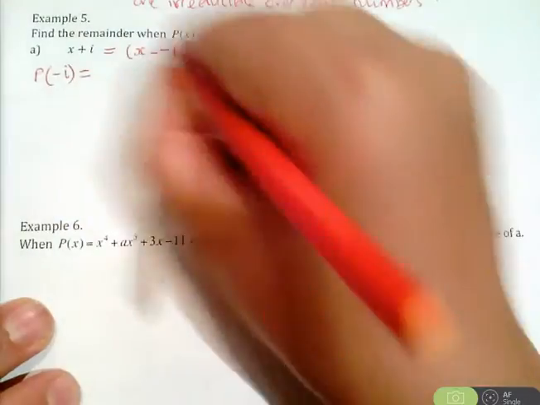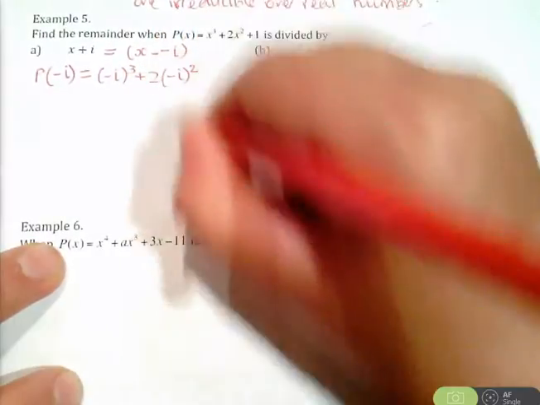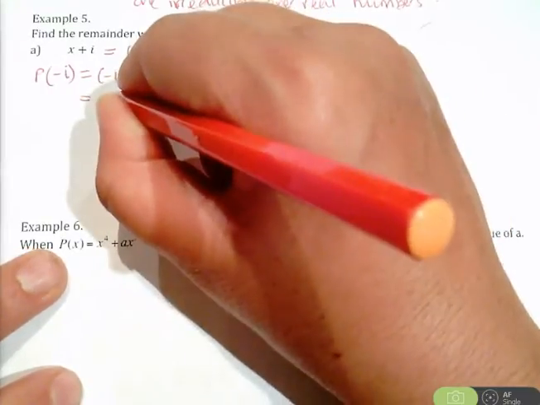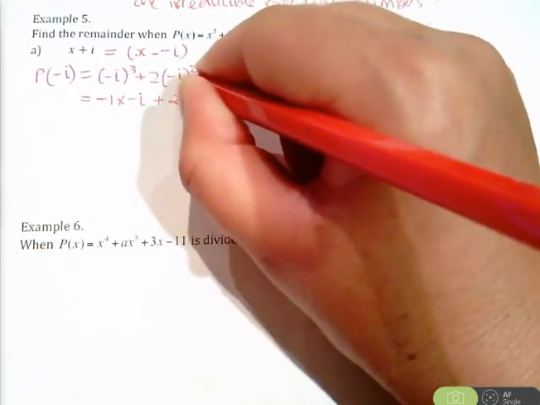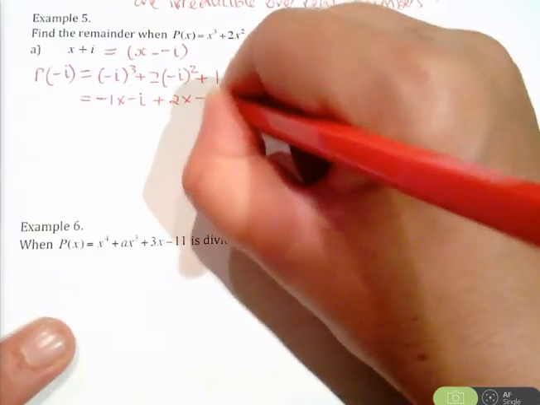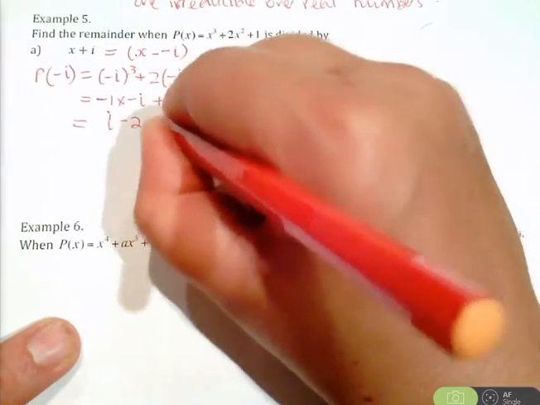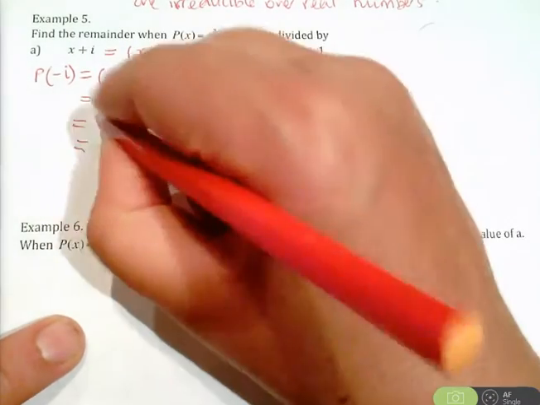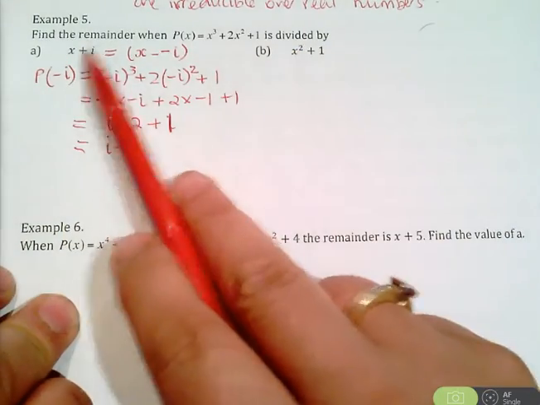So p of negative i is negative i cubed plus 2 times negative i squared plus 1, which is negative i times i squared, negative i times negative 1, plus 2 times i squared, which is negative 1, plus 1. So we've got i minus 2 plus 1, which is i minus 1. That's the remainder when this polynomial is divided by x plus i.